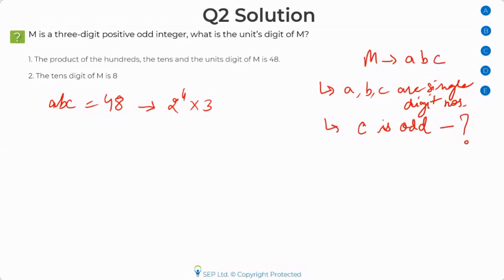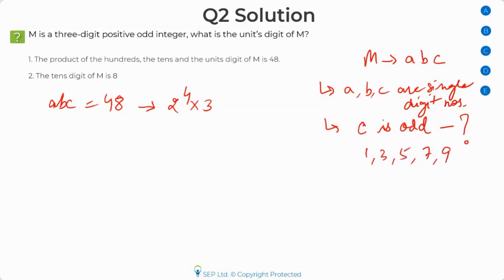That is also possible, but what I'm recommending is to prime factorize 48 to easily find out the various possible values of A, B, and C. And when you do that, try to go in a very organized manner. Remember that C is odd, so C can be 1, 3, 5, 7, 9, any of these numbers.